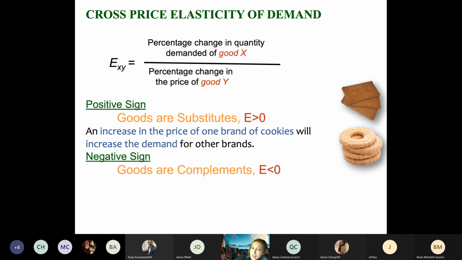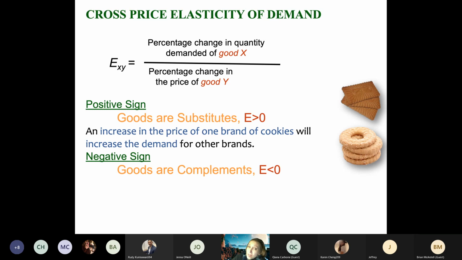A negative sign if the two goods are complements, so they're consumed together. Well, suppose cookies and jam are consumed together. They're probably not in real life, but suppose they are. Then a 10% increase in the price of cookies will reduce the amount of jam you buy.